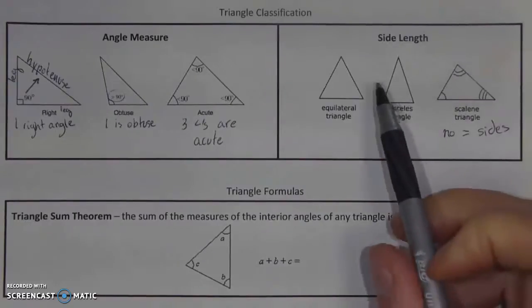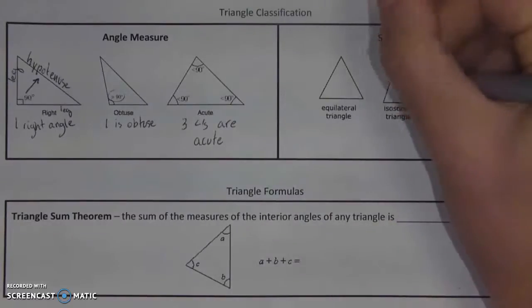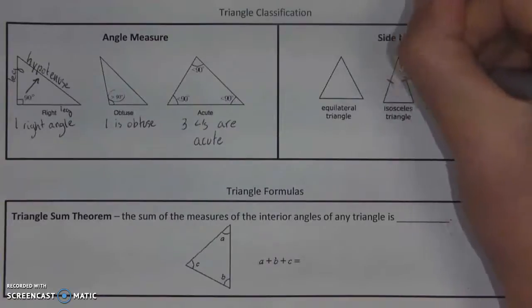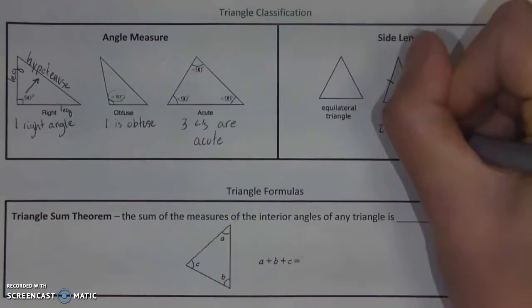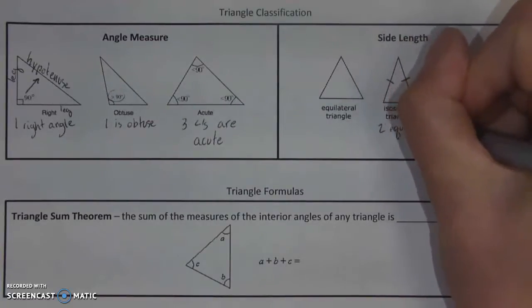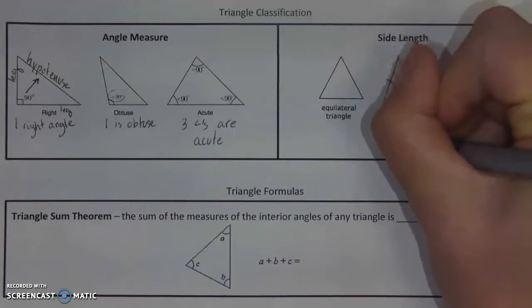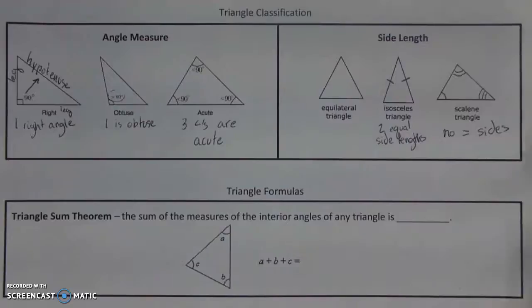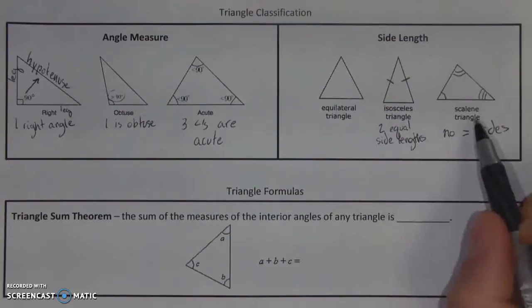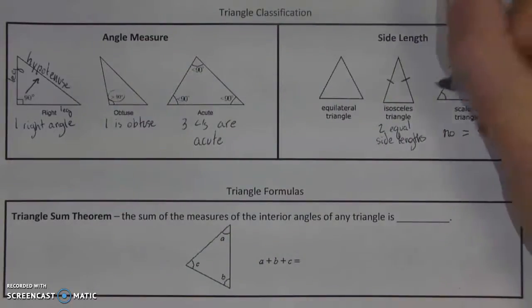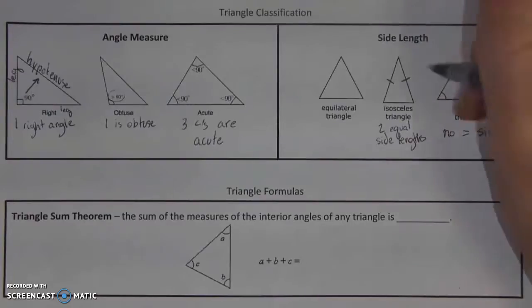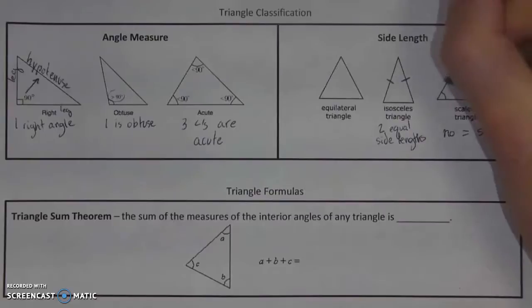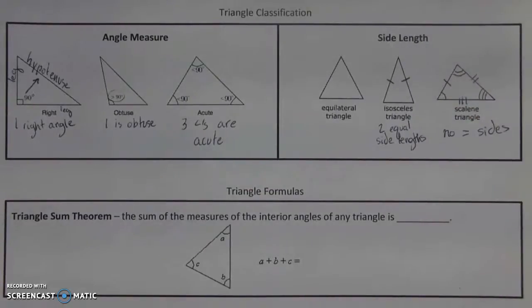But when you get to an isosceles triangle, what you're going to end up with are two equal side lengths. And by the way, that's another thing with scalene to keep in mind. You can talk about the angles for scalene triangles, but since we are discussing the side length, all of the side lengths on a scalene triangle are also going to be different.